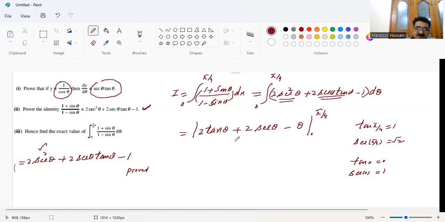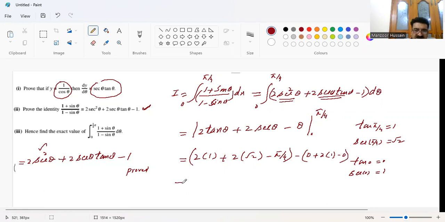So putting the upper limit, we get twice of 1, because tangent of pi by 4 is 1, plus twice of secant of pi by 4, which is square root of 2, minus pi by 4. And then put 0. If I put 0, tangent of 0, as you can see, is 0, plus twice of secant of 0 which is 1, minus 0.